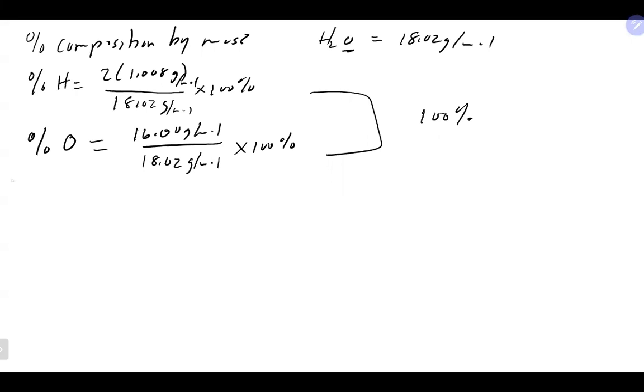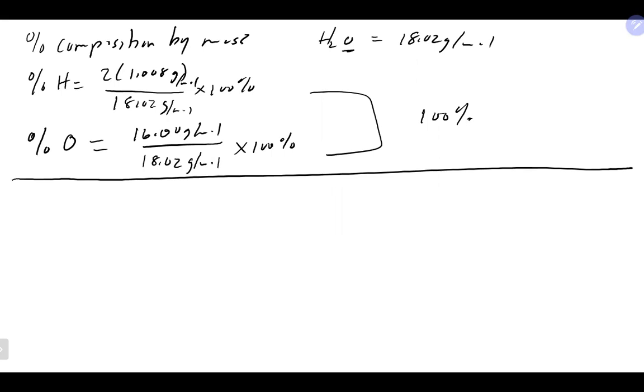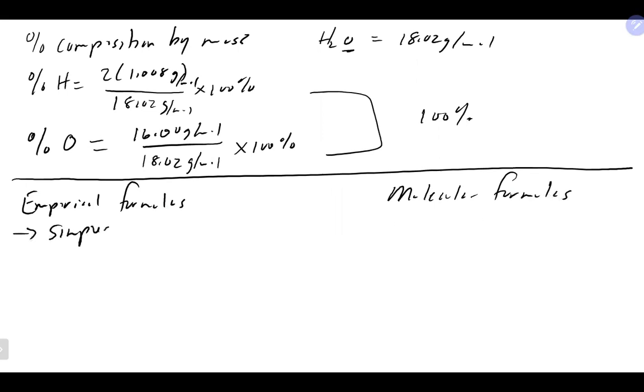A lot of times we see this occur when we talk about empirical formulas, which we also did in this chapter, and molecular formulas. So empirical formulas are the simplest whole number ratio of what elements are present.